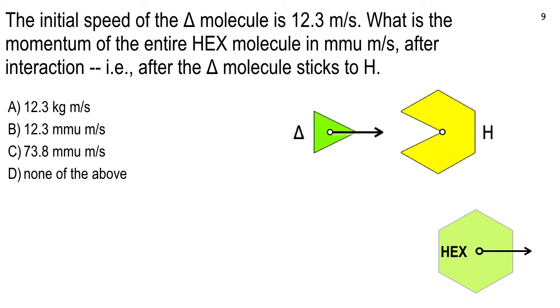The hex molecule in light greenish yellow is basically the H and the delta smushed together. Kind of like the Jello in space problem, the two blobs of Jello smushed together. That was two boxcars coming at each other, different mass and different directions. The same philosophy as this.